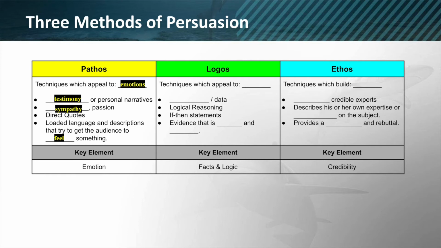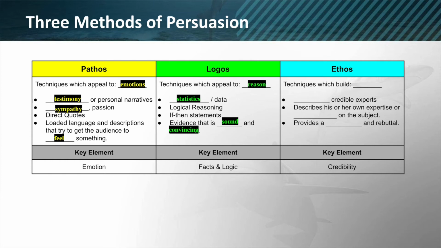Next, we're going to talk about logos. Logos is a technique which appeals to your reason. In one of these, you might see statistics or data. It's going to appeal to your logical reasoning, and logic is the root of logos. You might also see some cause and effect statements that are also known as if-then. You'll also see evidence that appears to be sound and convincing.